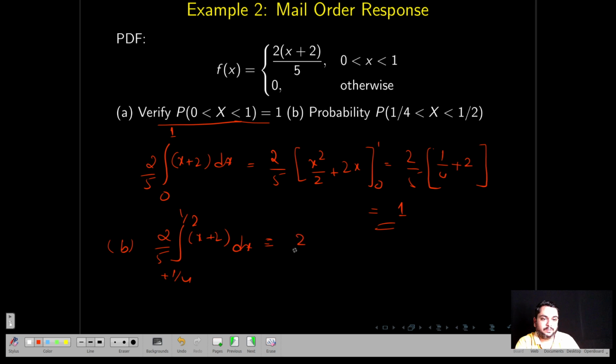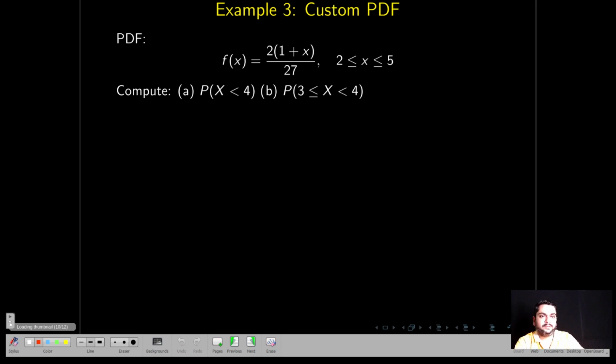So again, 2 by 5 times x square by 2 plus 2x in the interval 1 by 4 to 1 by 2. So you will get something like 0.2375. Okay, just verify your answer.